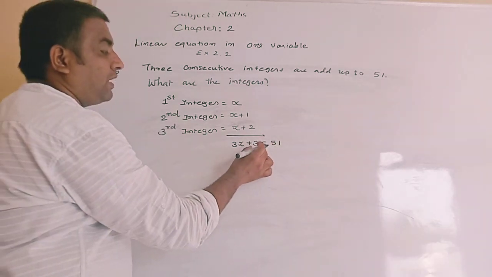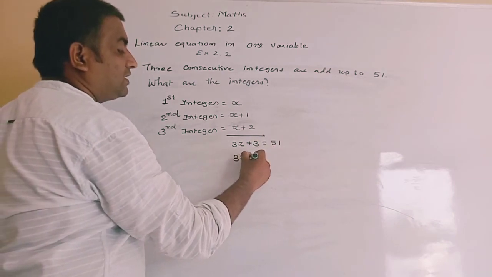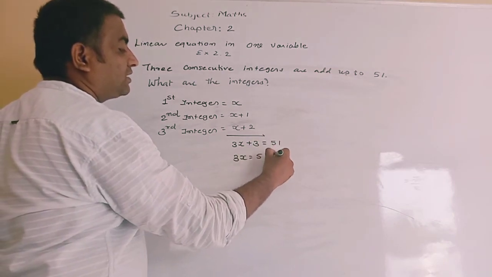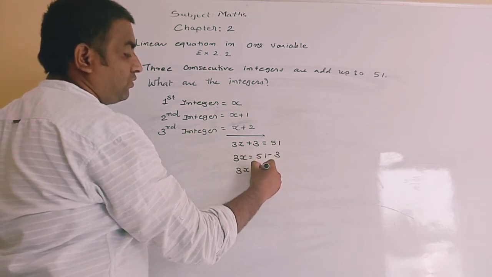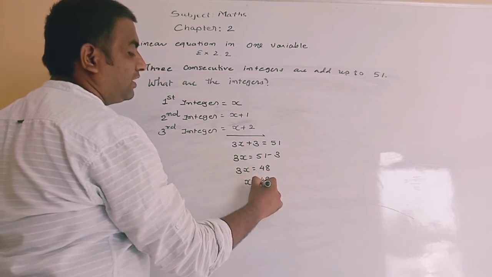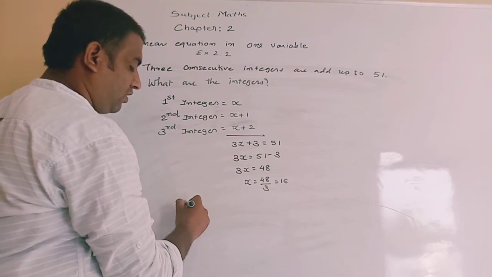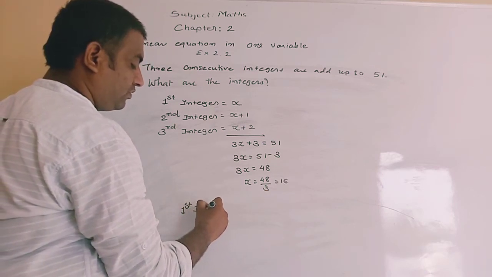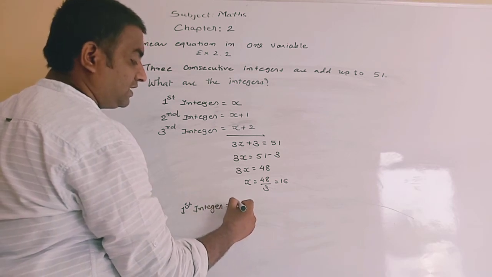Now 3 from left hand side will be transferred to right hand side. 3x equals 51 minus 3. So 3x equals 48. And so x equals 48 divided by 3, that is 16. So first integer we got is 16.